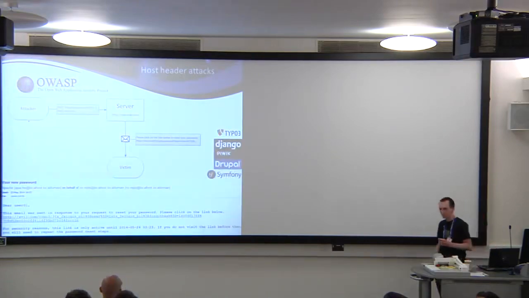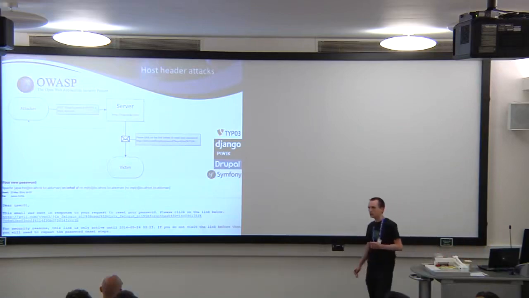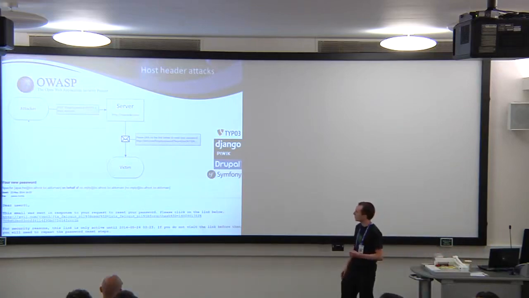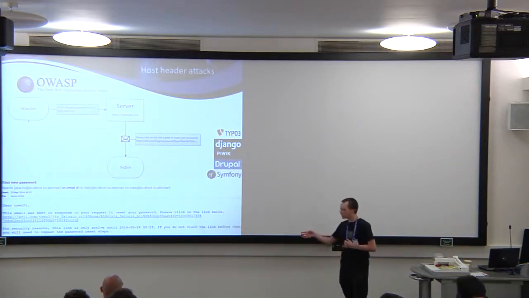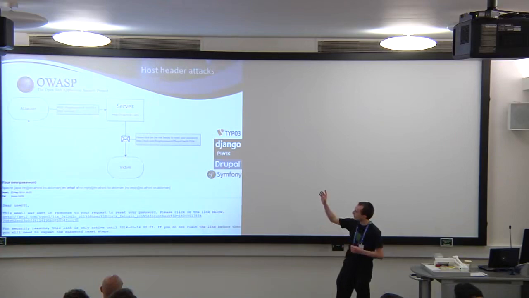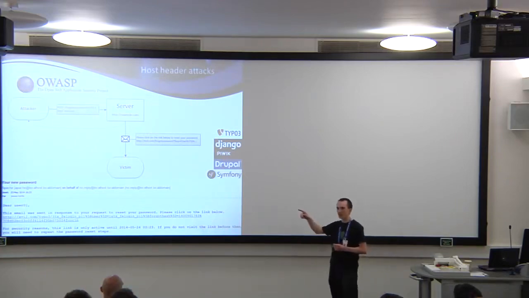The easiest such way that I found is using a site's password reset functionality. If a user says, I want to reset the password of this person, and sends a malicious host header, then the application will take that host header and use it when they generate the password reset link.